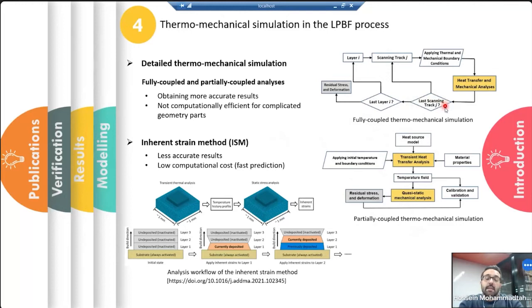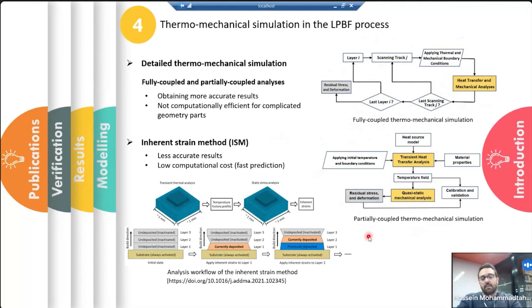It means that the geometry is modified at each time step, and the displacement will affect the temperature distribution. So this is done for each scan track and for each layer in the laser powder bed fusion until the end of the whole process.